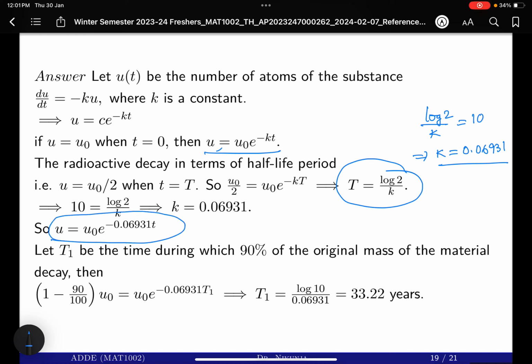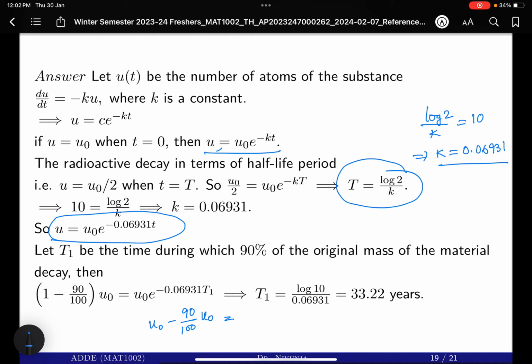Okay, now the question is, 90% they want to disintegrate. So 90% disintegrate means u0 minus 90 by 100 into u0. This one is the current quantity of material.